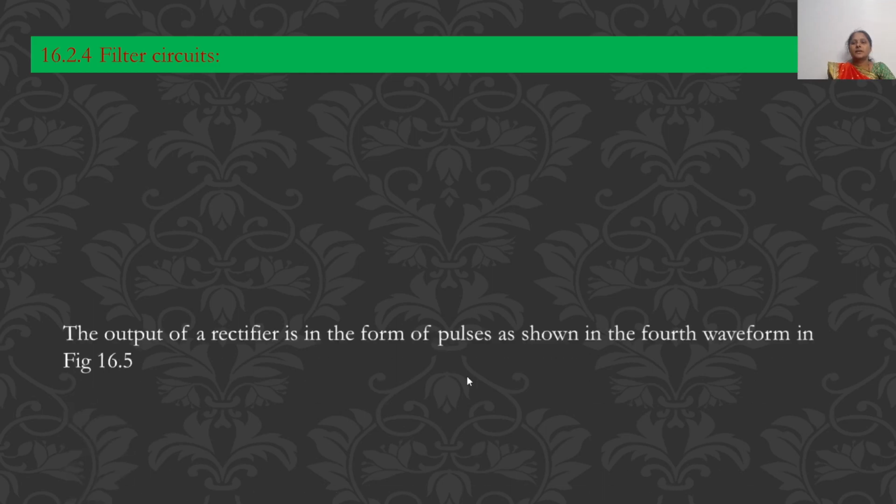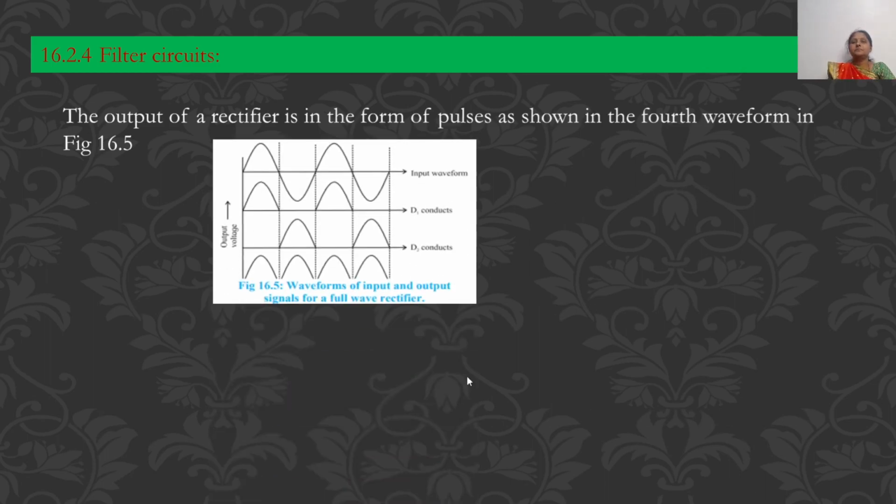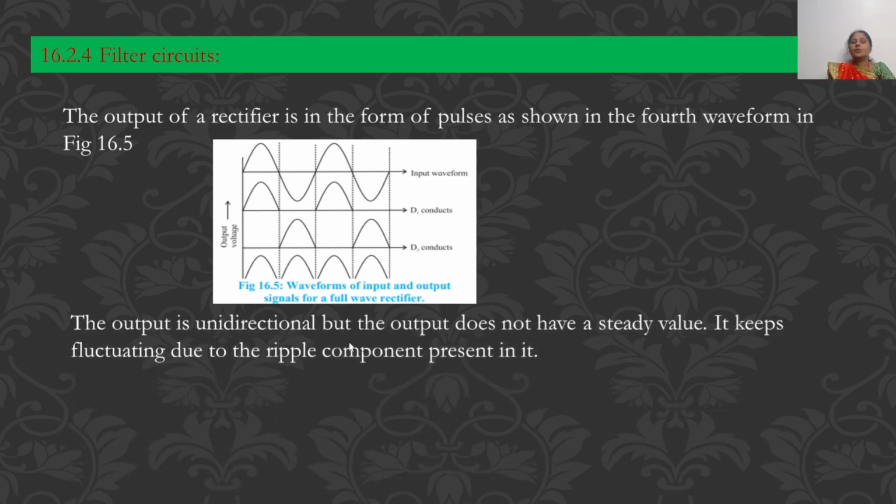Now the next point, the last subpoint of rectifier, is the filter circuit. The output of the rectifier is in the form of pulses, as shown in the fourth waveform in the figure. This one shows the full wave rectifier output. The output is unidirectional, but it does not have a steady value.